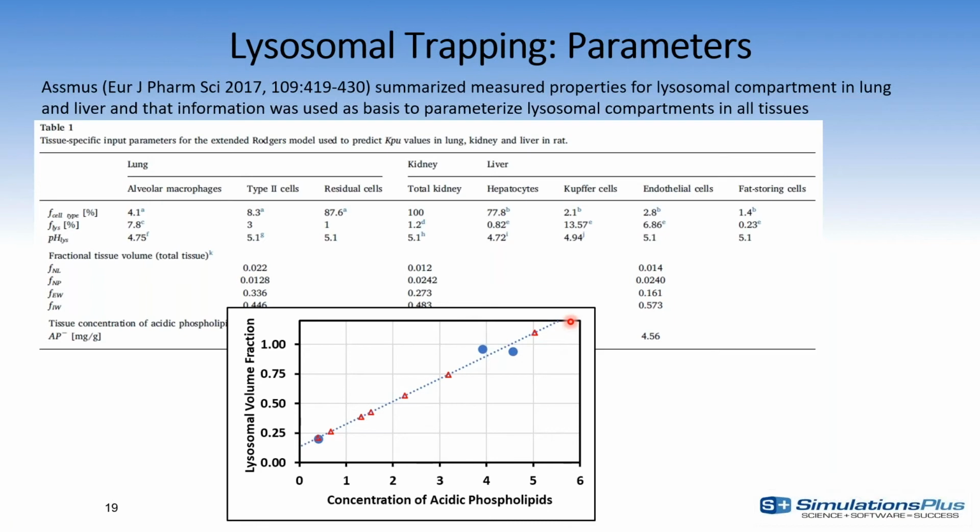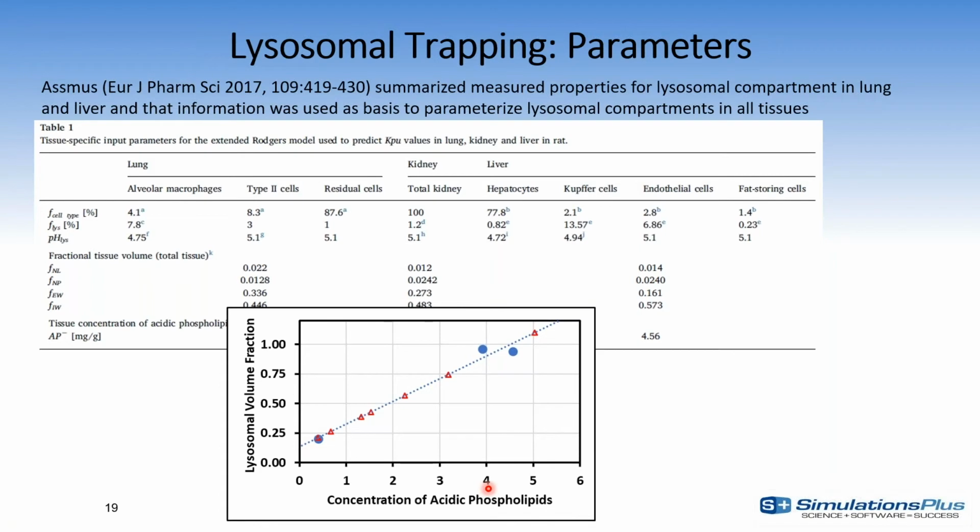We're able to set up a relationship between the acidic phospholipids and the lysosomal volume fraction, and then place the rest of the tissues using their acidic phospholipid concentrations, and you will be able to generate the lysosomal fractions for the remaining tissues in the PBPK model.